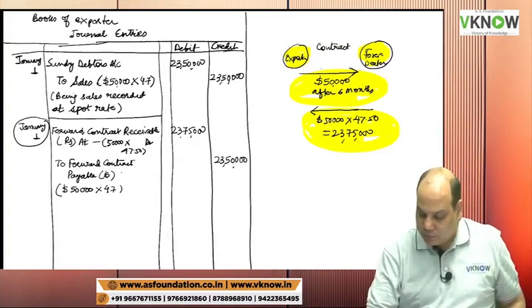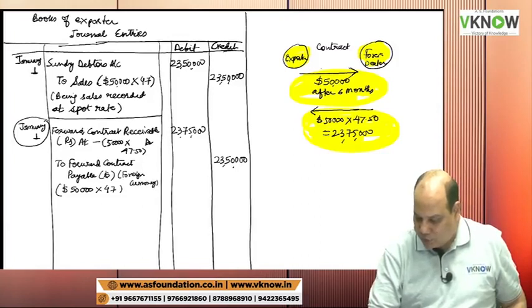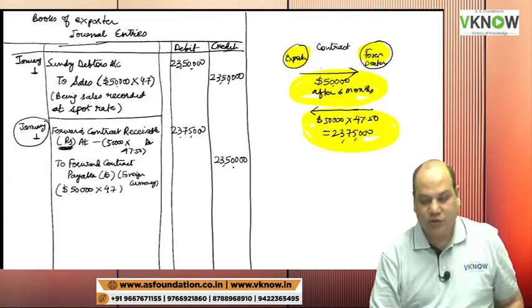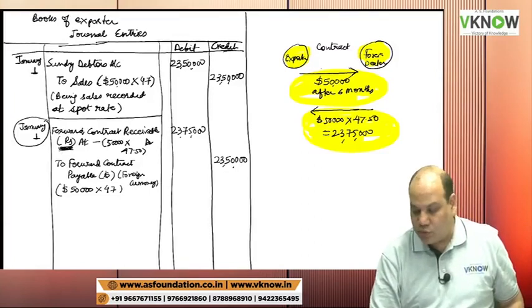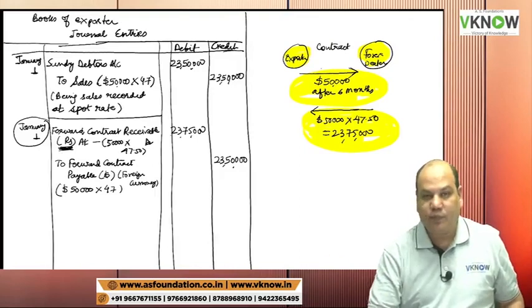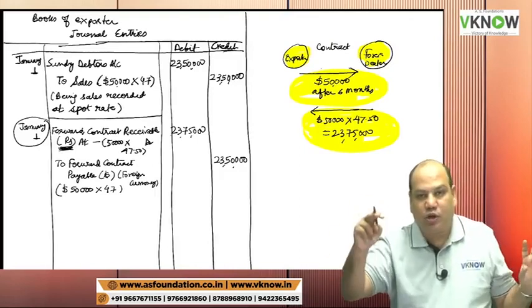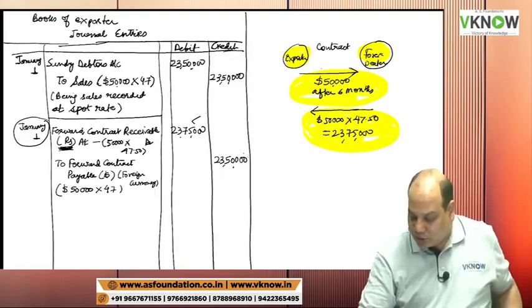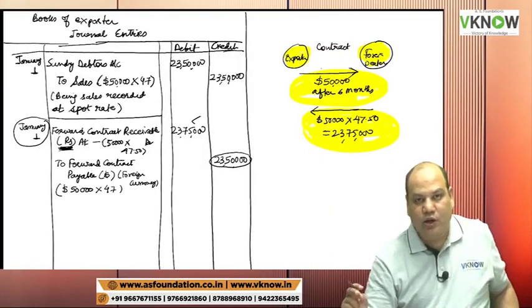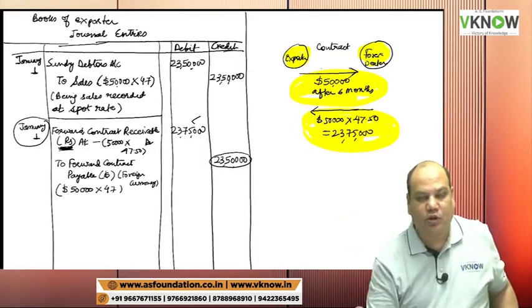This is my foreign currency transaction. Hence, it will be applied using the spot rate. Whereas this is my rupee transaction. I have to receive rupees, so there is no conversion involved in this one. But there is a conversion involved here, because here I have to pay $50,000.